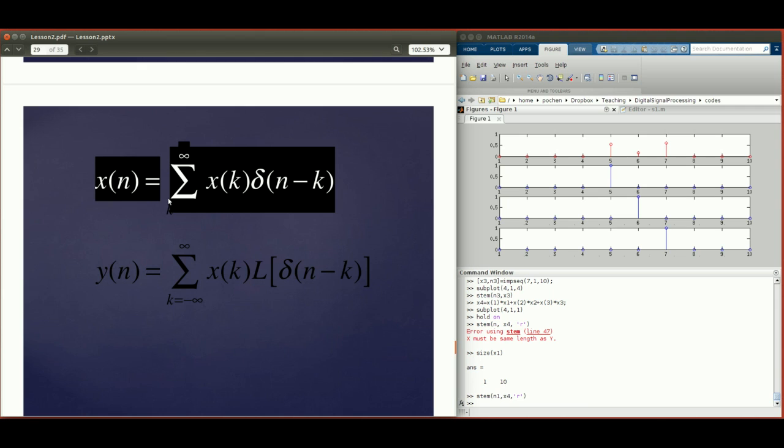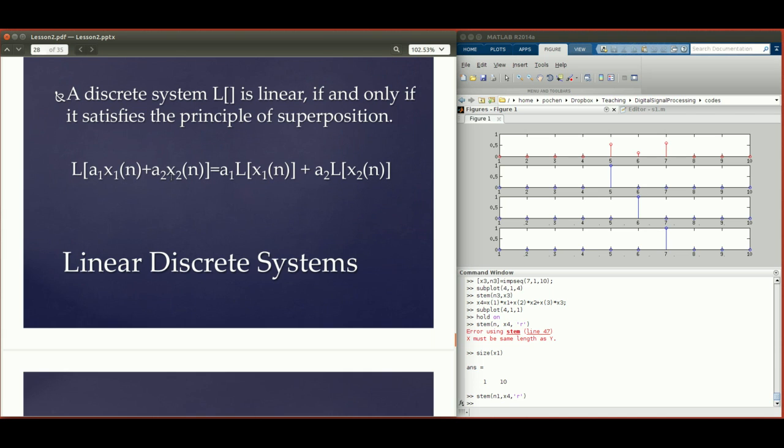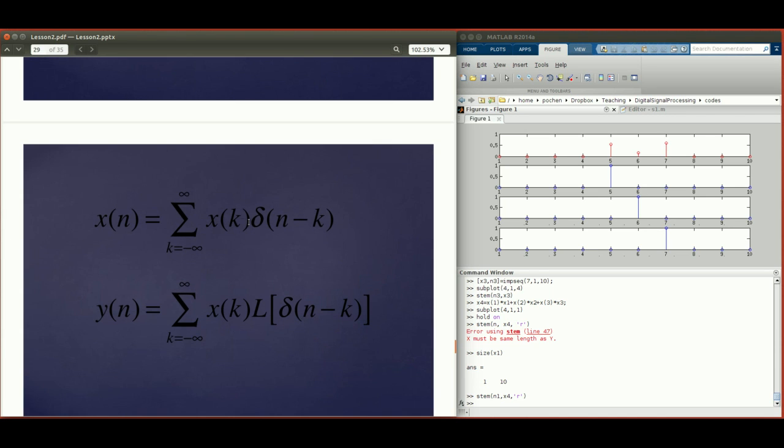But because L is a linear operator, you can move that L onto the signal itself, which in this case is a shifted delta pulse. x[k] is merely the coefficient, just like A1, A2 here. It's a coefficient multiplied with this impulse signal. So what you can do is carry L onto delta.